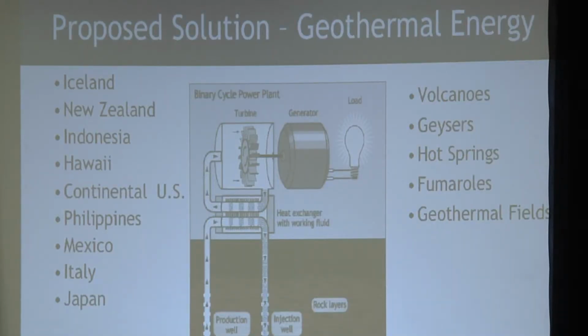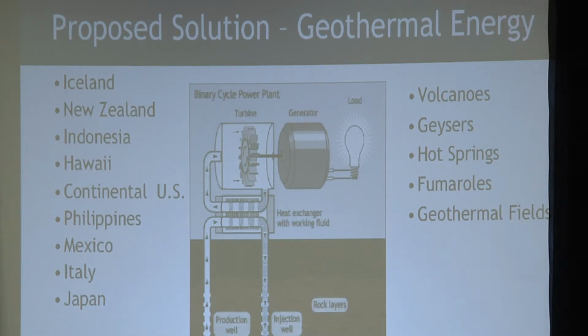And this proposed solution of geothermal energy has been implemented in several countries, Iceland, Hawaii, Philippines, countries that are well off and countries that are starting off as well. So it's a give and take. This geothermal energy can be implemented through volcano use, geysers, hot springs, fumaroles, and geothermal fields.